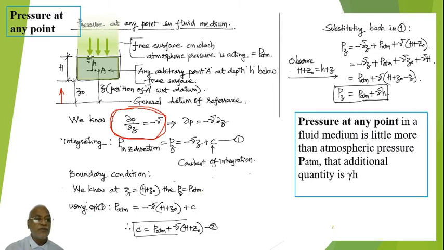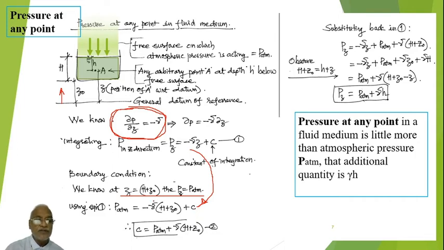Using equation 1, we can write P atmospheric is equal to minus gamma into H plus Z naught plus C, where instead of Z I am substituting H plus Z naught and C is kept as it is.